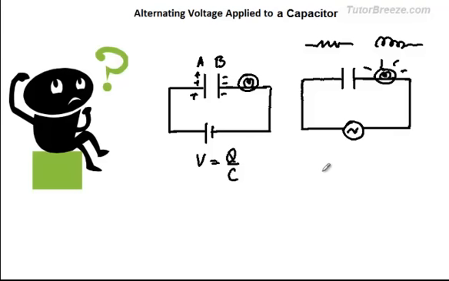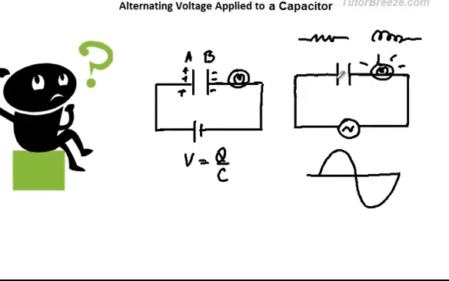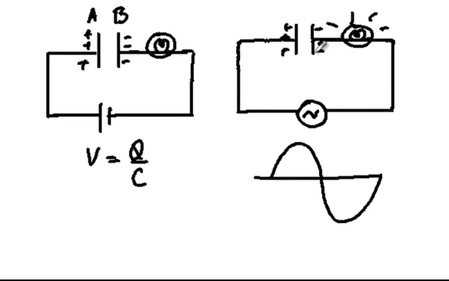Now let's see how current is flowing in this case. We have an alternating voltage which continuously charges and then discharges the capacitor. While charging the capacitor, the voltage across the plates of the capacitor rises and the charge also builds up. Let's say this is the charge. Now the charge on the plates of the capacitor is going to increase.